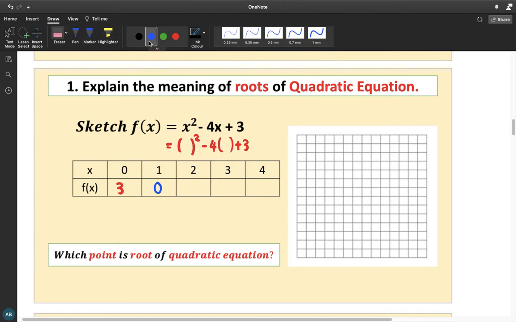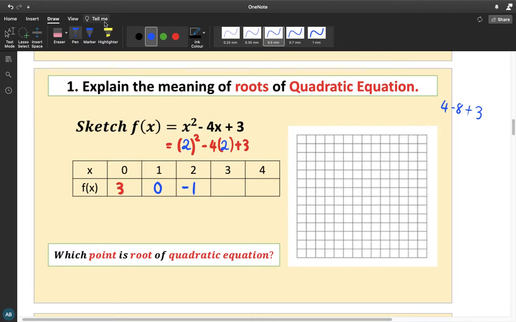Kita masukkanlah dia kat sini. Apabila kita masukkan nombor 2 itu, cuba korang kira guna your calculator. So kalau saya kira 4 tolak 8 tambah 3, here you get -1.